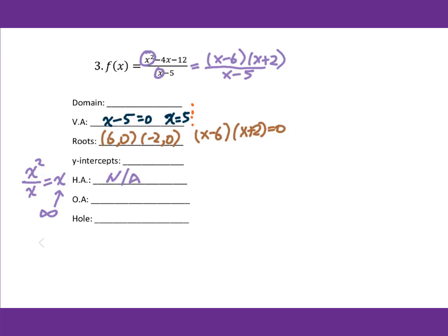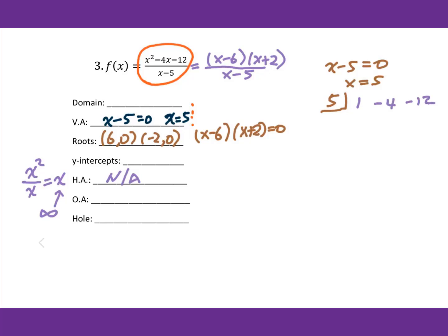For the oblique asymptote line, let's use synthetic division. So, root in the corner, x minus 5 equal to 0, x equal to 5. We put the 5 in the corner. No missing power, we got 1, negative 4, negative 12.